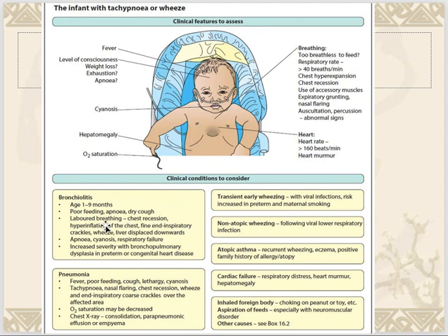So you can see over here chest retractions, hyperinflation of the chest, fine inspiratory crackles, wheezing, liver displaced downwards, not so commonly, but okay.